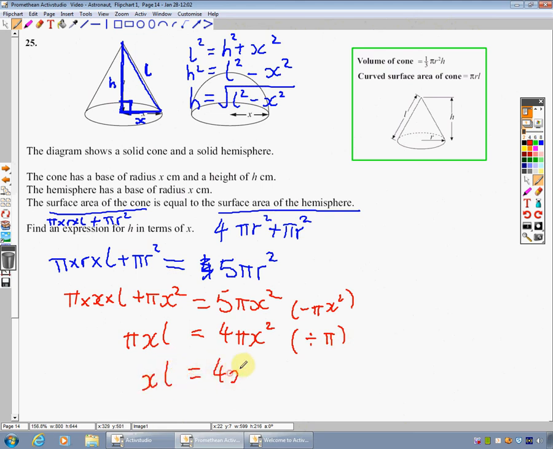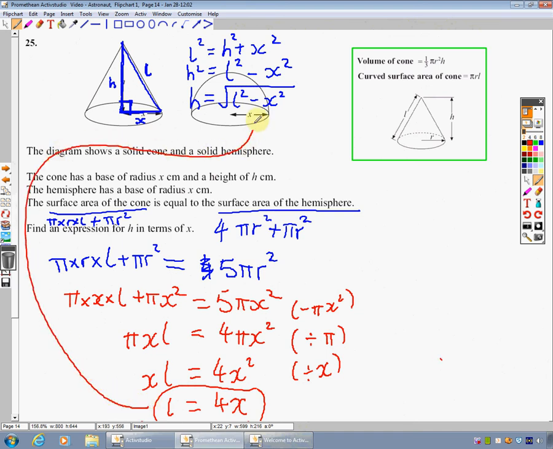I found out what L is in terms of x, and if I shove that all the way back into my equation for h, I'm going to get h is equal to the square root of 4x squared, don't forget all of that is squared, take away x squared.